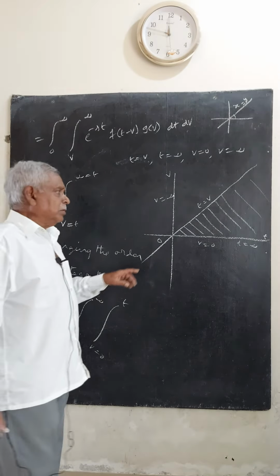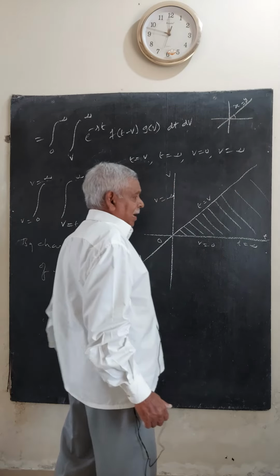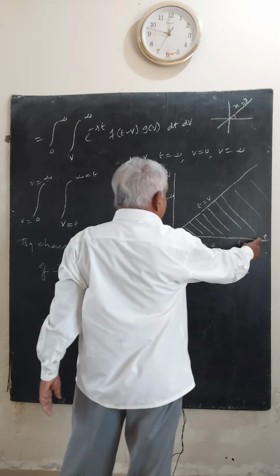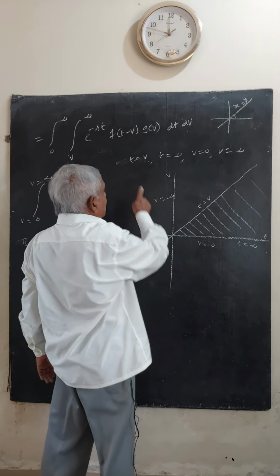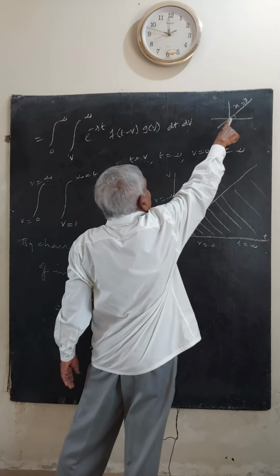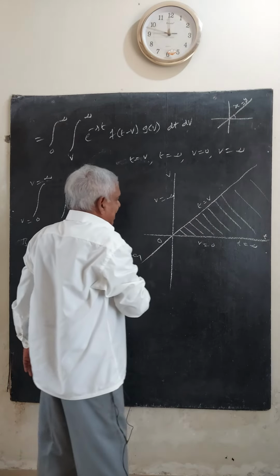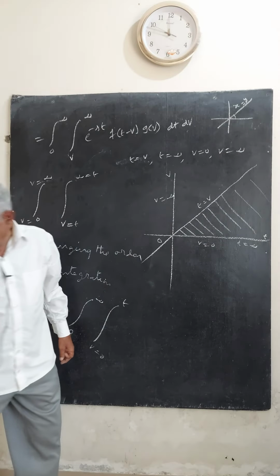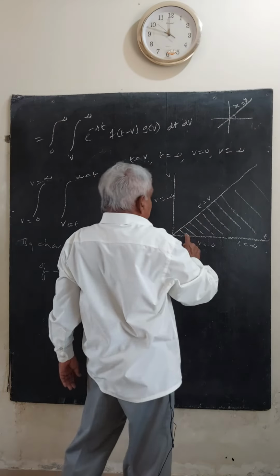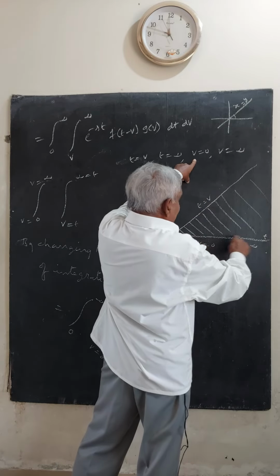Again, I am telling you, these 4 curves we have drawn in the diagram. This t axis, v axis. t equal to v, we know x equal to y in the basic 10th standard. This is t equal to v, this line. This is 45 degree, this is also 45 degree. Again, v equal to 0 in the t axis.